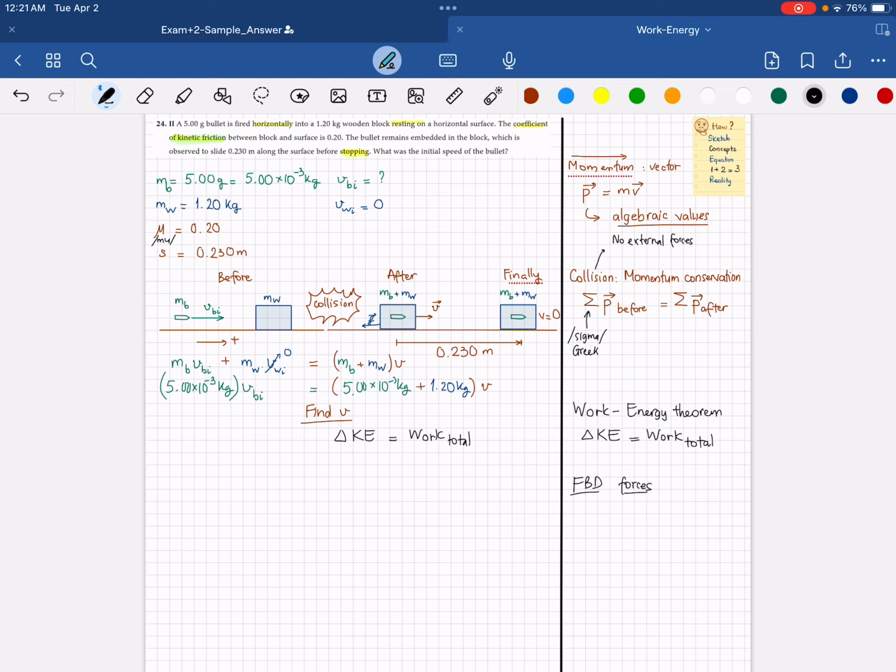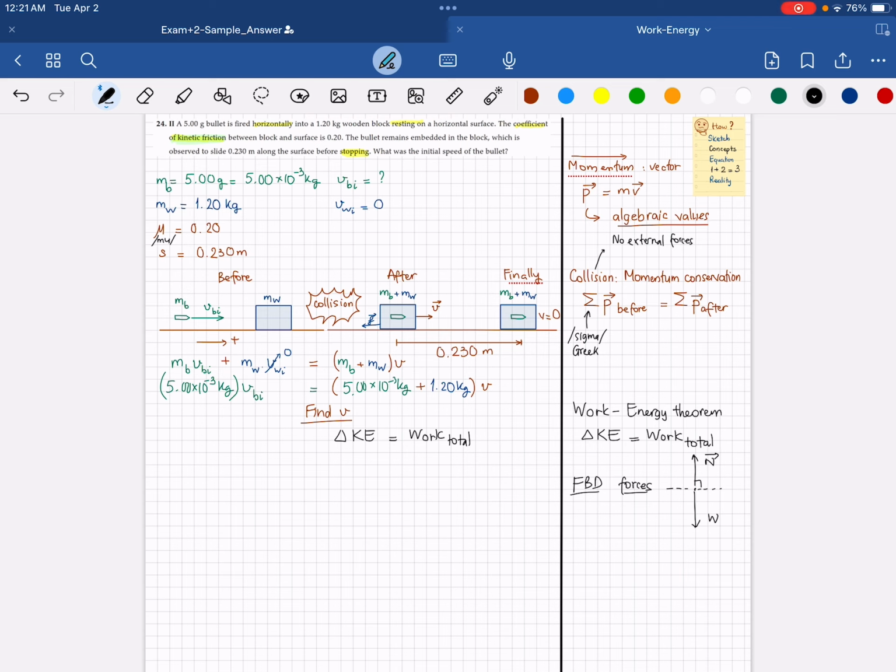So it travels horizontally. There should always be weight on the system. And then because it travels on a surface, whenever we have a surface, there should be a normal force. And the normal force should be normal to the surface, right? The surface is the horizontal one.